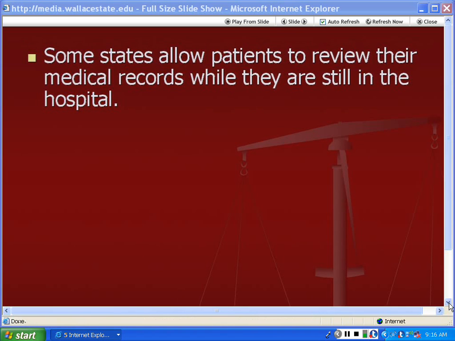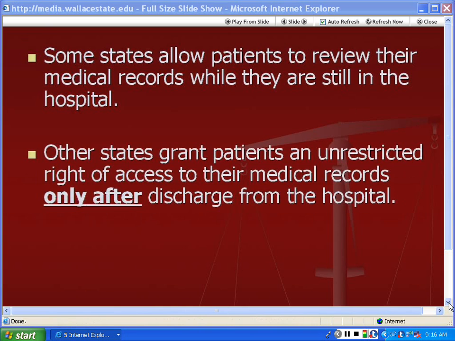But some states will say that patients not only have a right to access their records, but they can look at it while they're in the hospital. Now, other states have laws on the books that restrict the right of access until after discharge from the hospital.